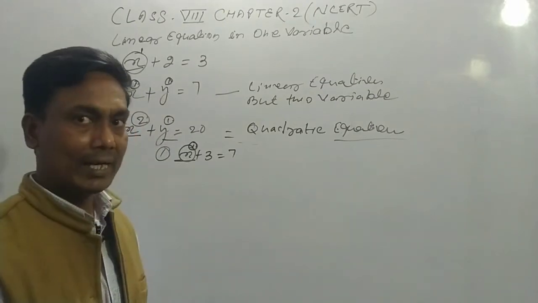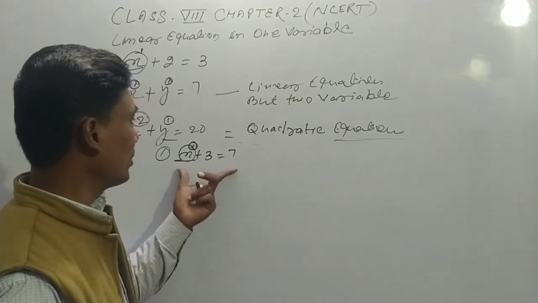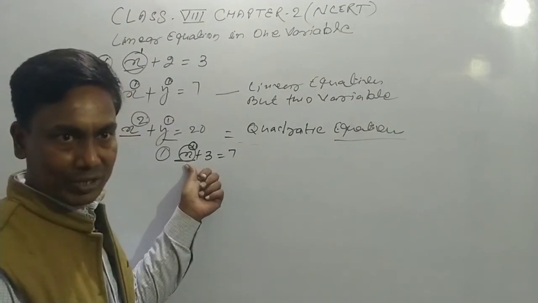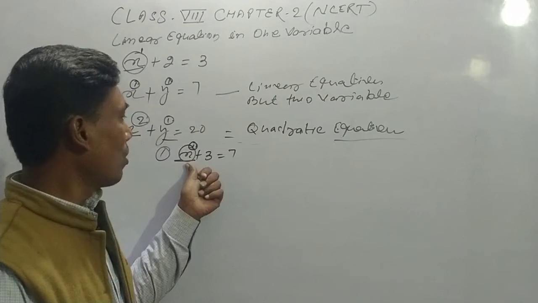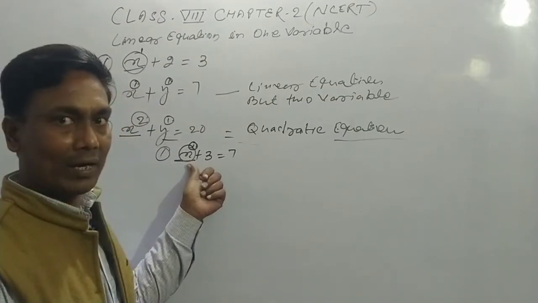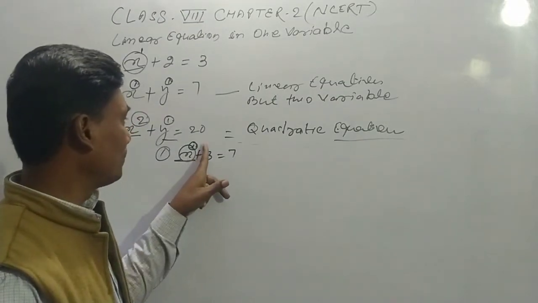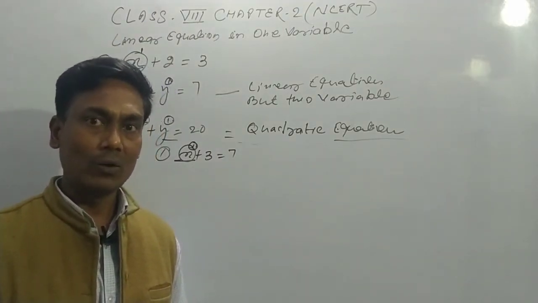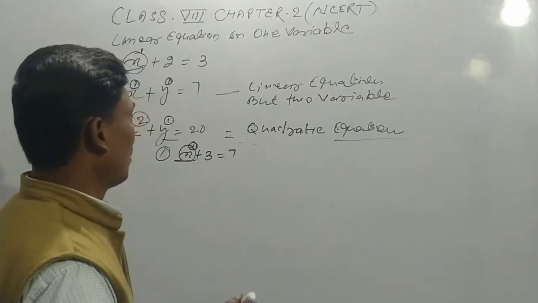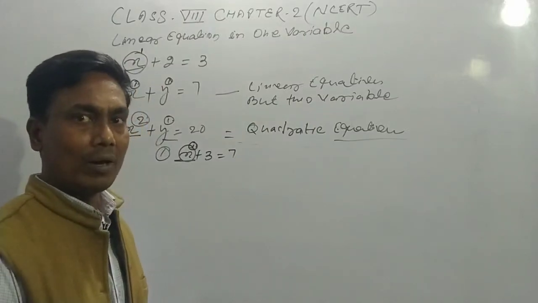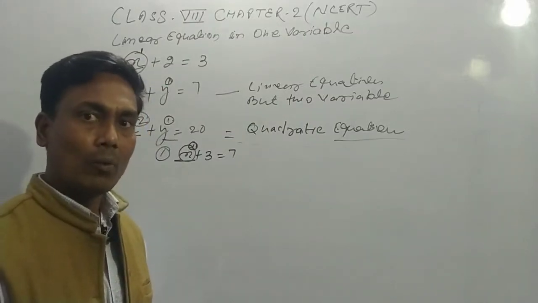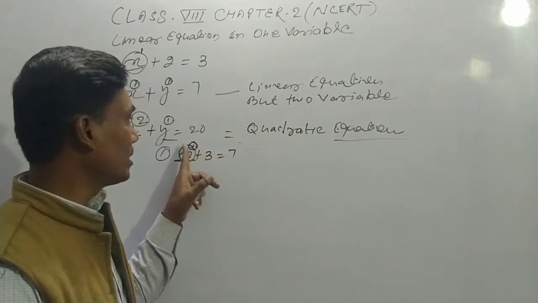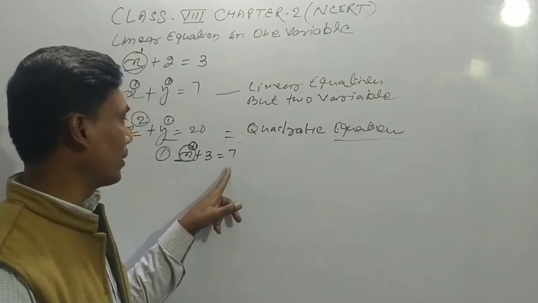So we easily say that this given equation is a one variable equation and a linear equation because the highest power of exponent of variable x is 1. The exponent power may be 2 or more than 2 in other equations, but in this equation the highest power of exponent is 1. So this is a linear equation.